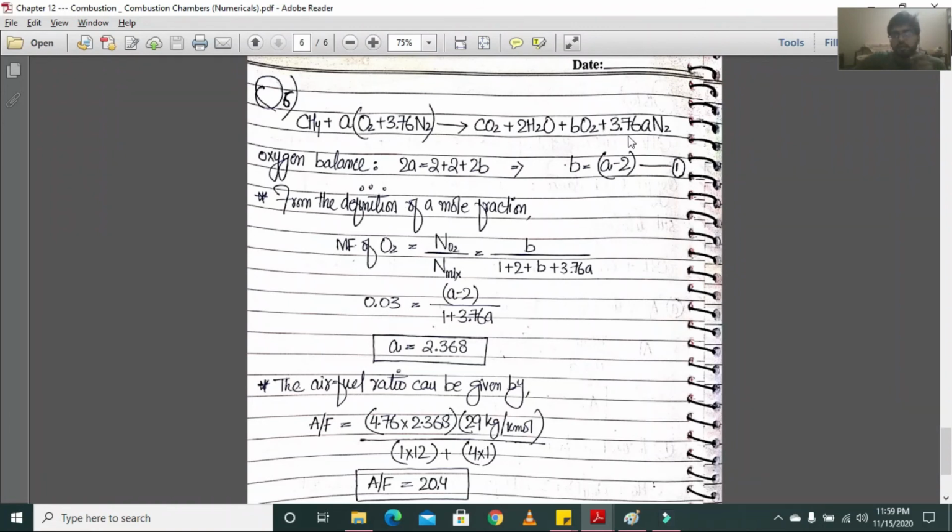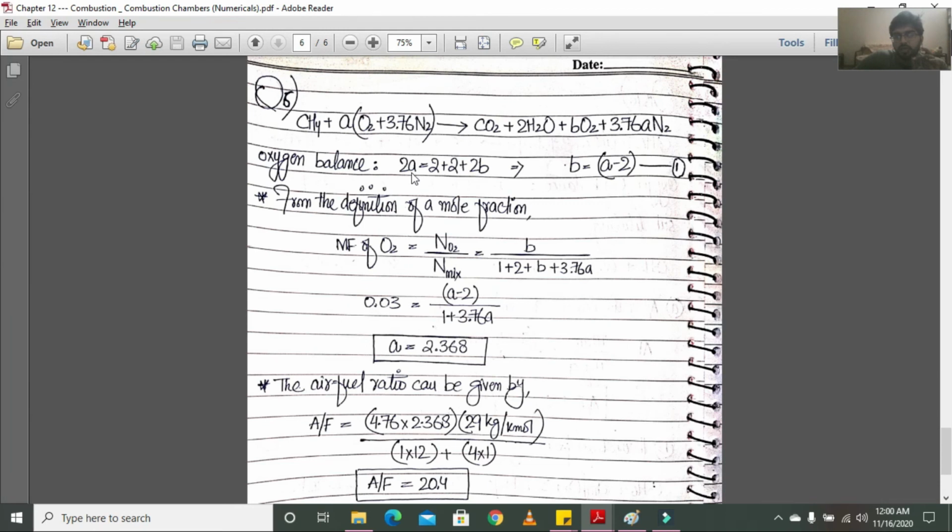And then I will have 3.76 times of A moles of nitrogen. If I balance the oxygen atoms here, 2 times of A on the left side equals 2 atoms of oxygen in carbon dioxide, 2 atoms of oxygen in each molecule of water vapor, and then 2 times of B. If I simply balance this equation, I take the 2 as common on the right side, and then 2 and 2 cancel out with each other.